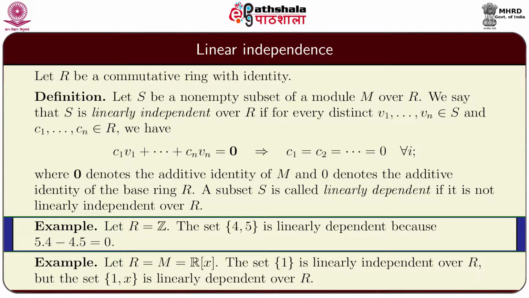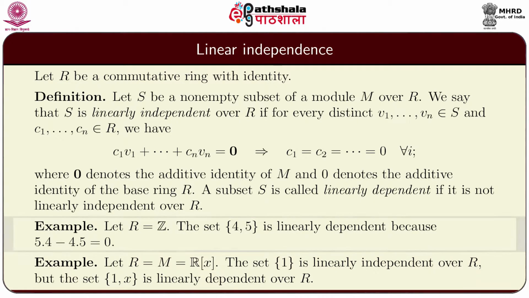Example, let R be the ring of integers, let M be the ring of integers as well, then obviously M is a Z module. Then the set containing the elements 4 and 5 is linearly dependent because of this relation: 5 times 4 minus 4 times 5 is 0.